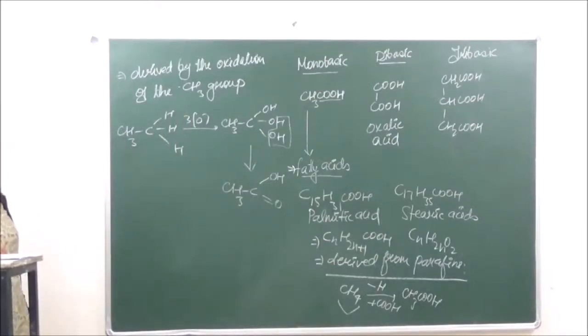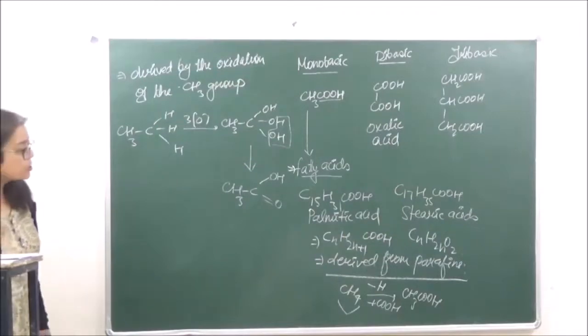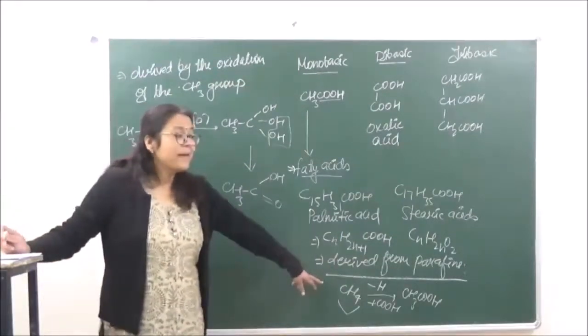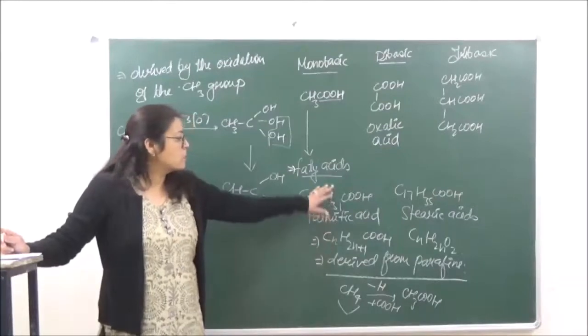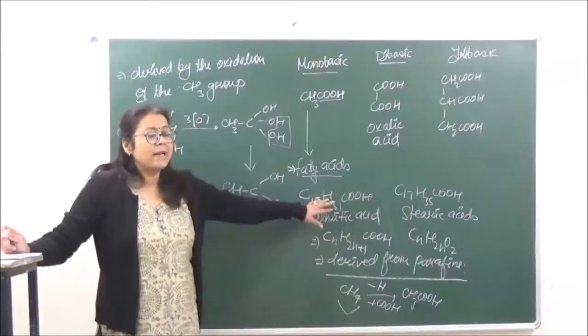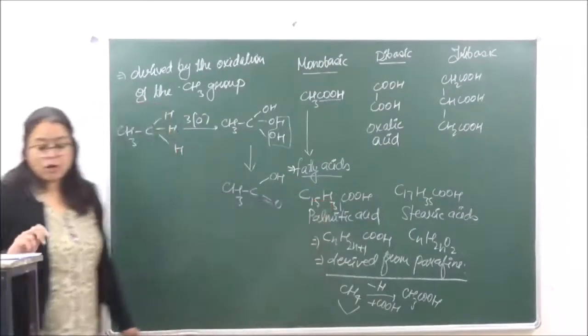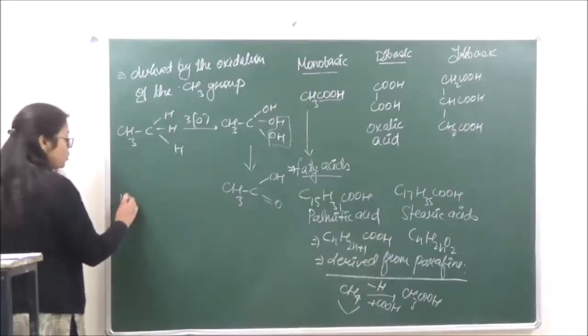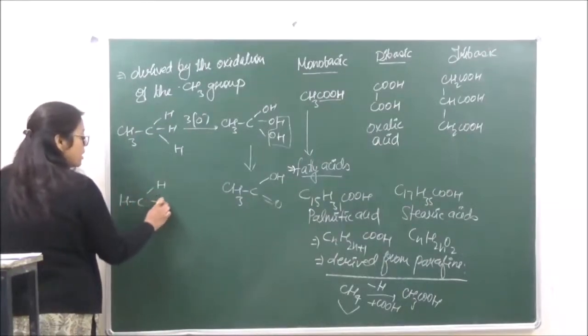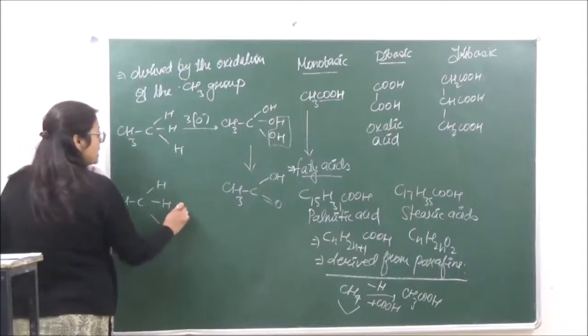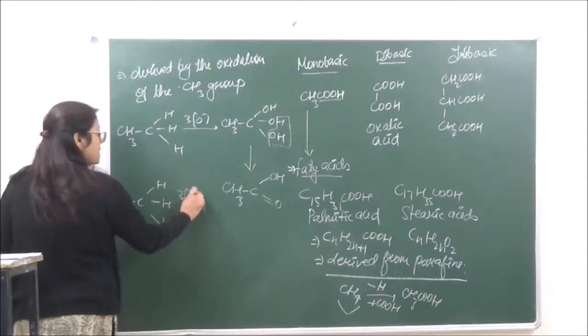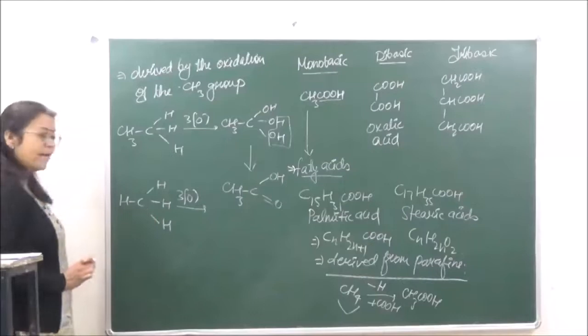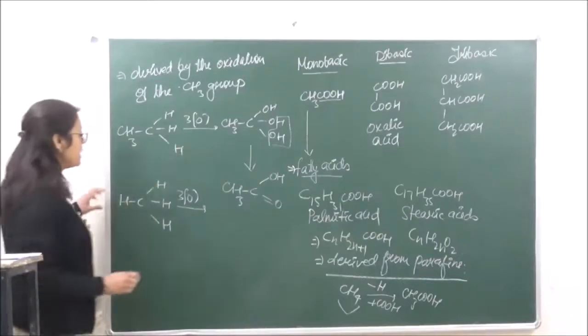Now the idea of this oxidation of the CH3 group came from the formation of formic acid, because the formation of formic acid could not be explained from either paraffins, or we could not say that they are derived from fats. So when we take a molecule of methane, the oxidation of methane is going to oxidize all the H in a similar manner as above.